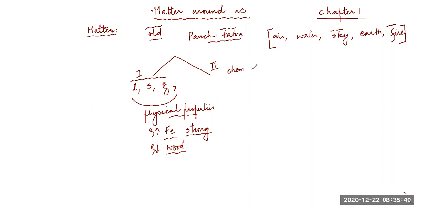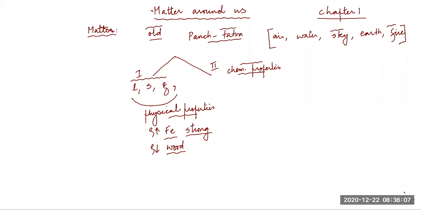When I talk about chemical properties, can any student tell what is the meaning of chemical property? Any student? Okay, so chemical property is about their chemical reactions, you know, their chemistry, we talk about their valence electrons, all that.